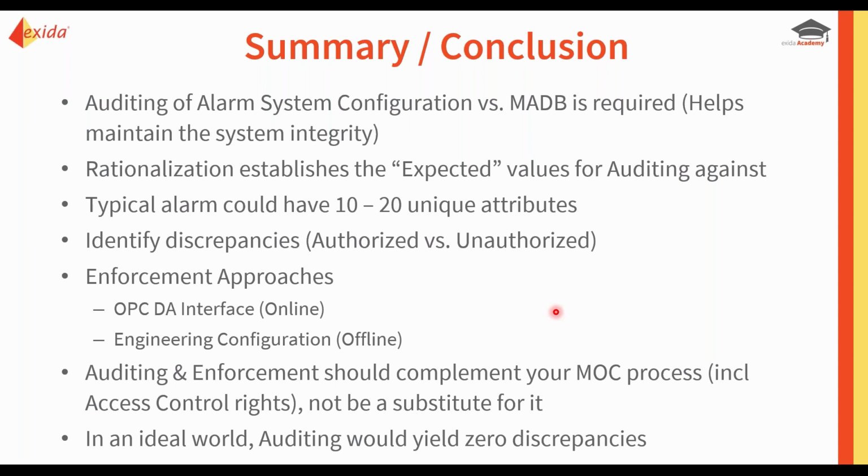But in both cases, we're trying to identify the discrepancies, determine whether they're authorized or unauthorized, and then decide if the value needs to be reset in the control system, how that is done, whether it's through the OPC data access interface, which is reading and writing to the online running system, or we're using the offline approach where we're updating the alarm system configuration based on the discrepancies that we've seen. So those are the two different approaches.